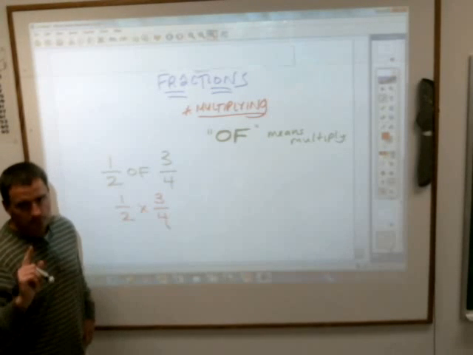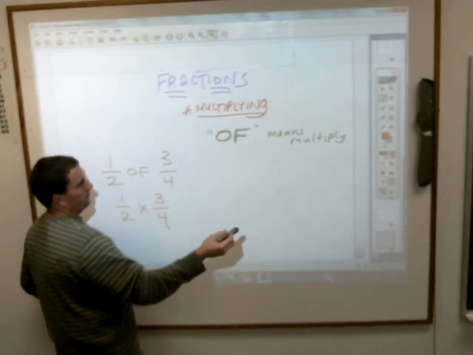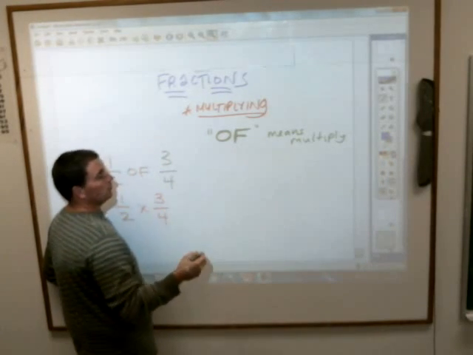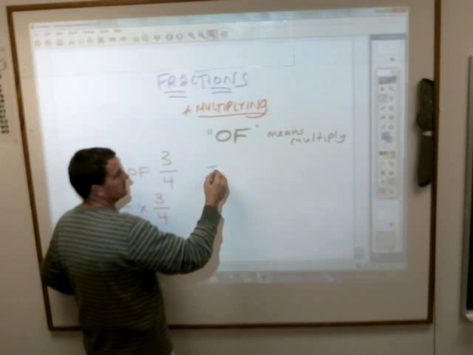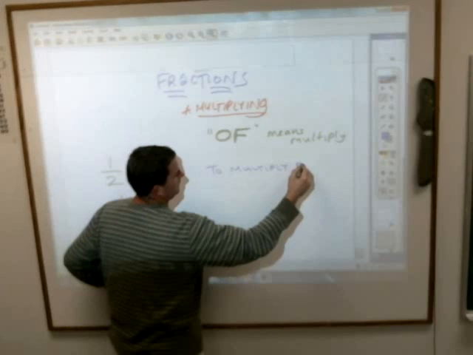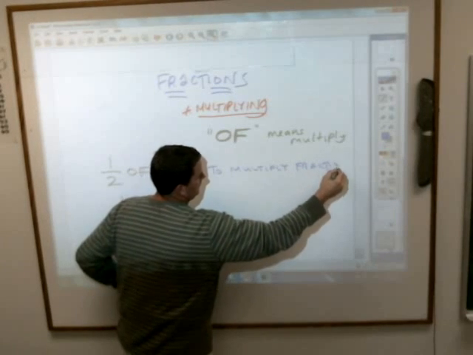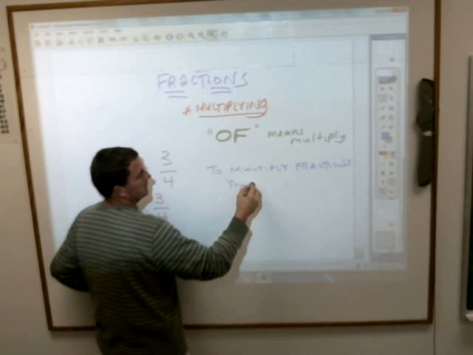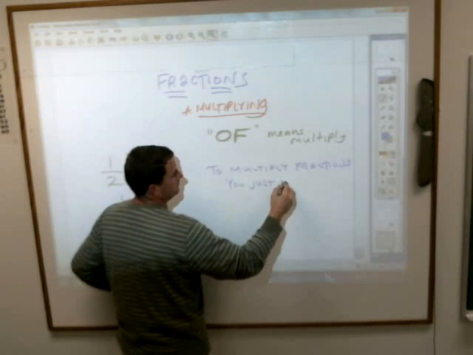How do I know that? Because you multiply the top numbers by each other, and that's the first thing we write down with multiplying fractions. It's the easiest thing in the world to do. To multiply fractions, you just multiply across.